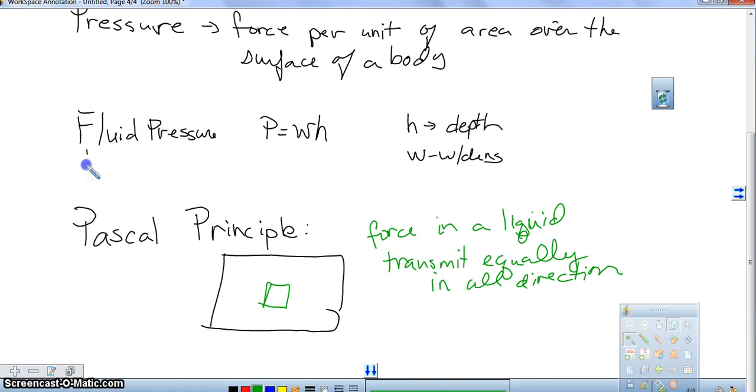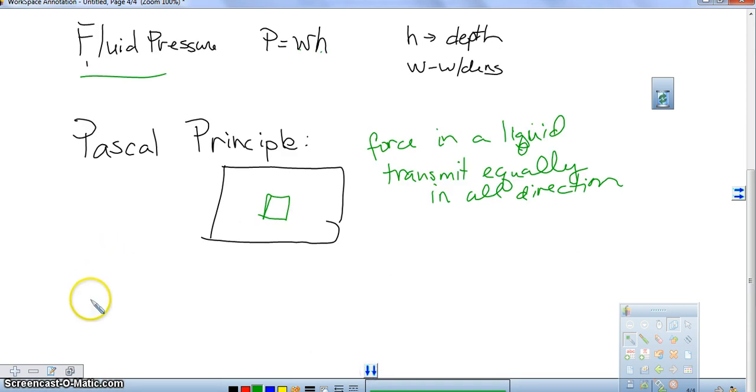So if we know fluid pressure is weight density times the depth of the water, and then we use Pascal's principle that says the force in a liquid is transmitted equally, we can find something called fluid force. And so that's what we've been talking about, force and work. Fluid force is pressure times the surface area.